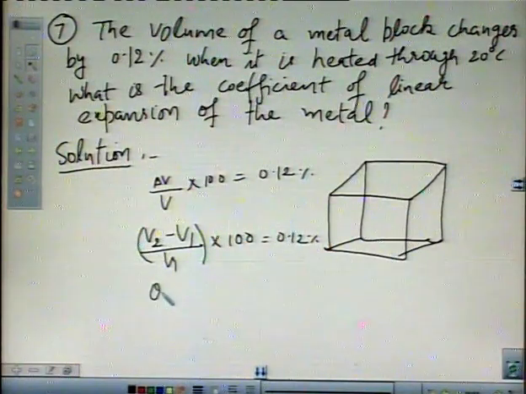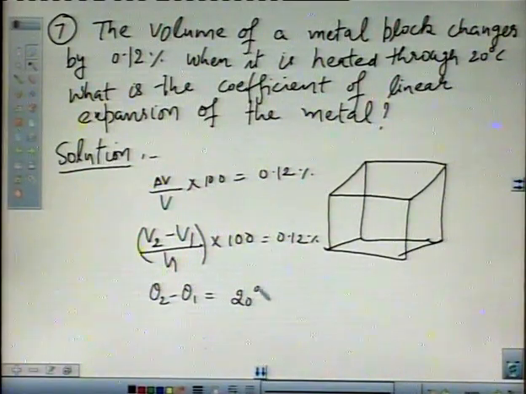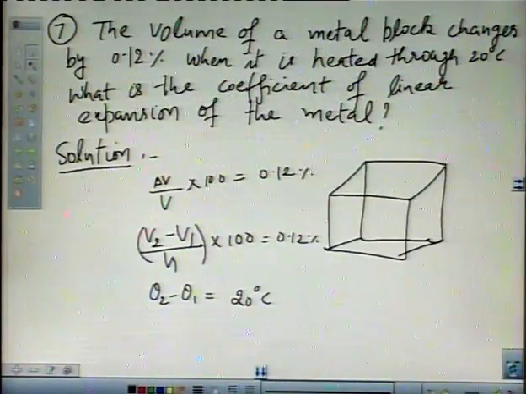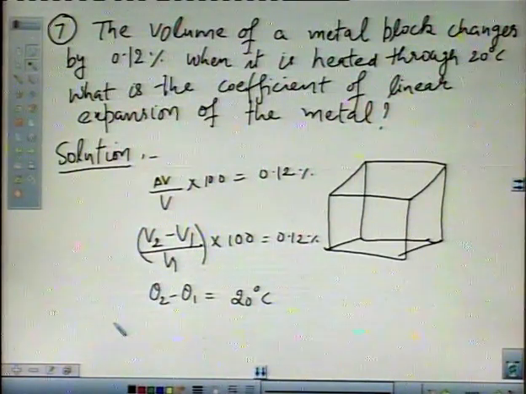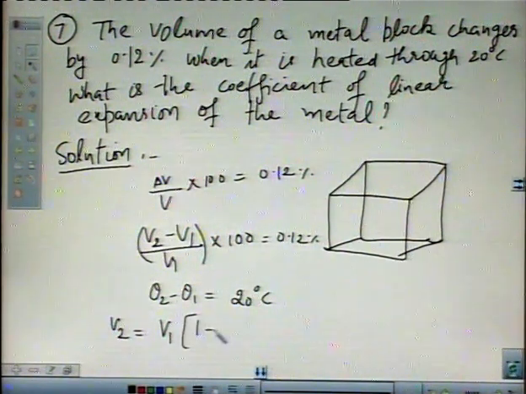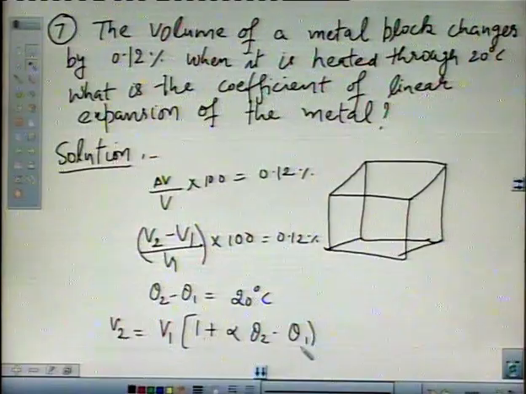Now, it is heated by a temperature of 20 degrees Celsius. Theta 2 minus theta 1 is equal to 20 degrees Celsius. Now, according to the law of volume expansion, V2 is equal to V1 (1 plus alpha theta 2 minus theta 1).